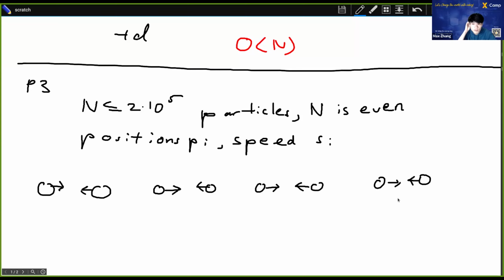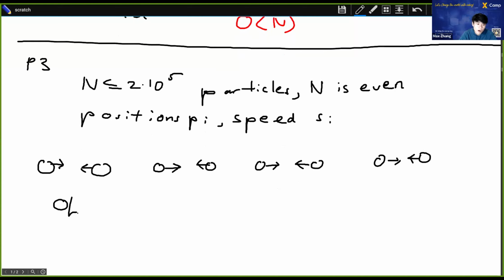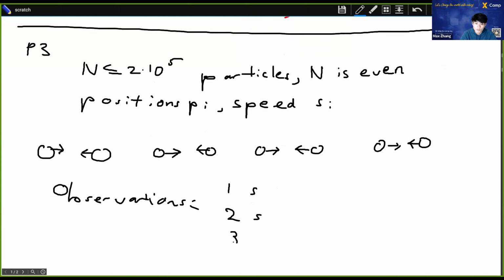That's the initial configuration. Now what happens is we're going to have some observations. The way observations work is that we make our first observation 1 second after the beginning, and then make our second observation 2 seconds after the first observation, and then make our next observation 3 seconds after the previous observation.